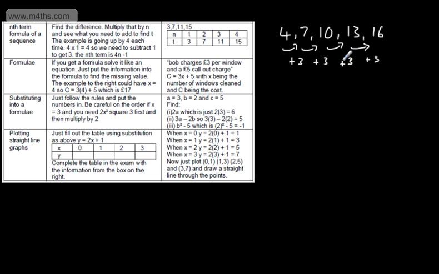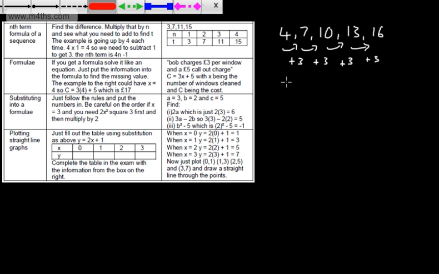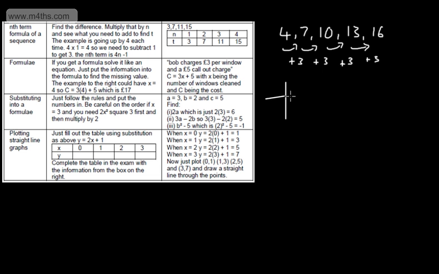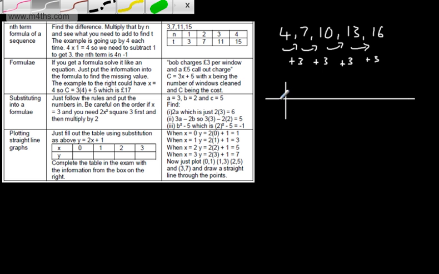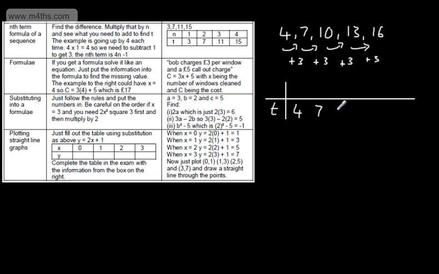So if one of these wasn't going up by 3, then we wouldn't use the nth term for this particular sequence. What I like to do here now is fill in a table. We're going to have n and we're going to have t. T is the term in the sequence, and we can see that this is going to be 4, 7, 10, 13 and 16.